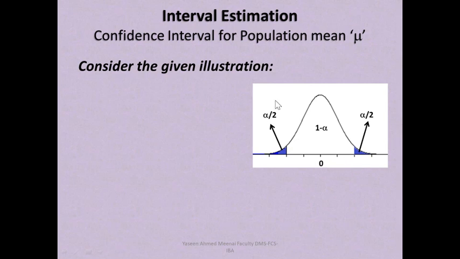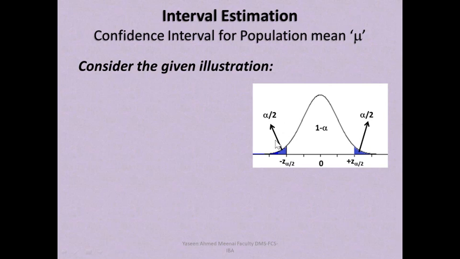Since we do not have values for alpha by 2, we are going to represent the quantiles with symbols as well. The left side quantile is minus z alpha by 2, and the right side quantile, equal in magnitude but different in sign, is positive z alpha by 2.